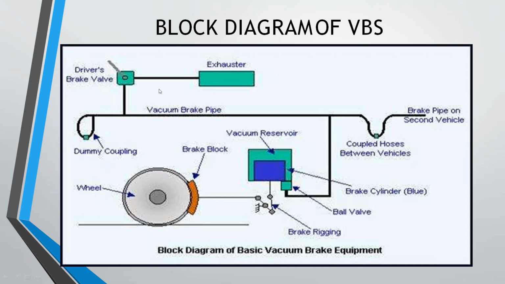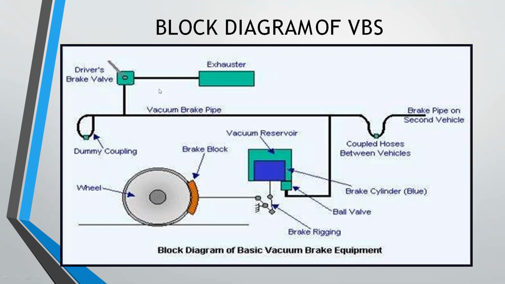The coupled hoses between vehicles are connected with the brake cylinder. The brake cylinder has a vacuum reservoir where the vacuum is held, and there is a ball valve. The brake cylinder is connected to the brake rigging, the brake rigging is connected to the brake block, and the brake block contacts the vehicle wheel.